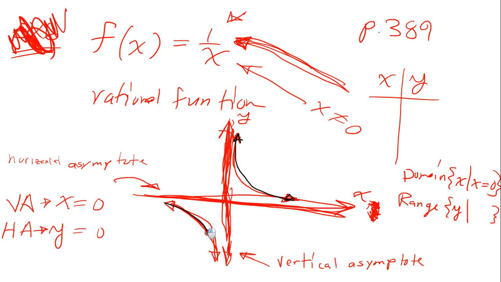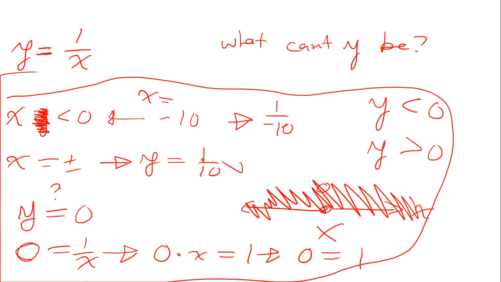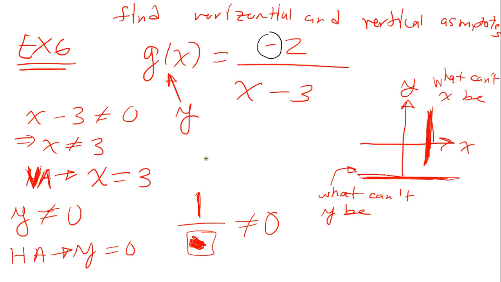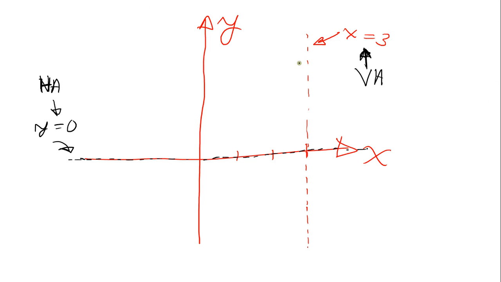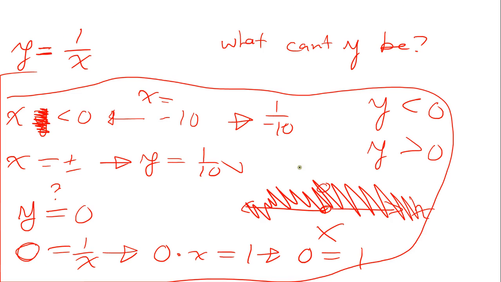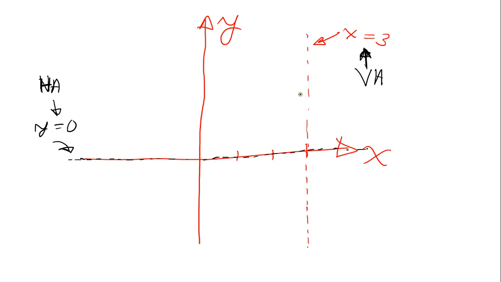Well, if I make everything the negative of what it is, this is going to move down here, and this is going to move up here. So your asymptote shifts, and then your graph ends up moving.